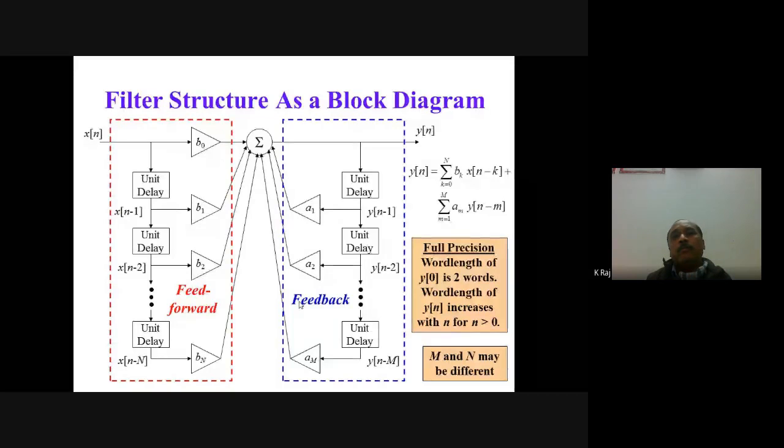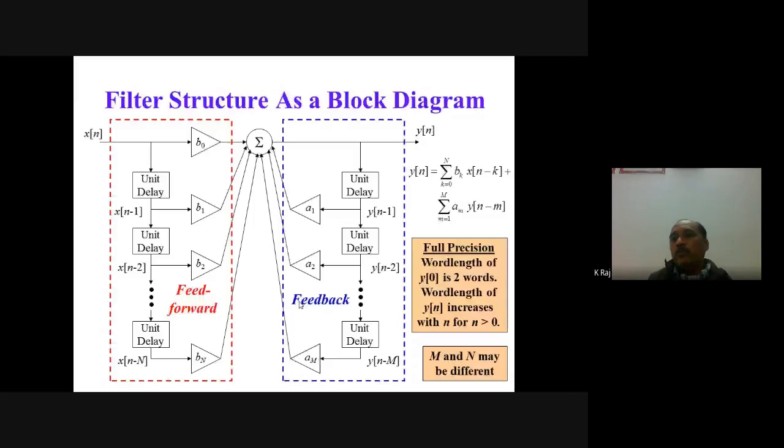So what will happen? Now the quantization effect will take place, and due to this quantization, or due to the truncation or the rounding, there will be the quantization error, and that will cause limit cycle oscillation and other types of effects. So what is the effect of this quantization? It has to be also analyzed.